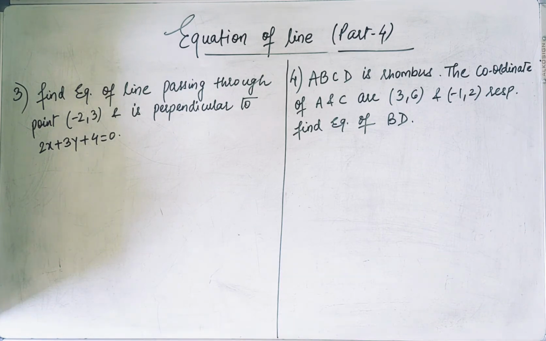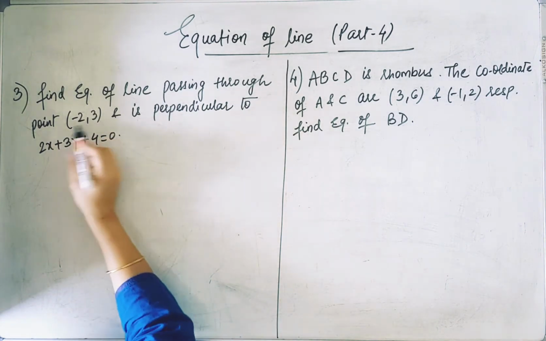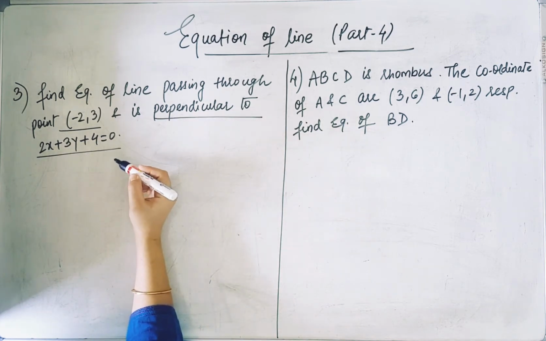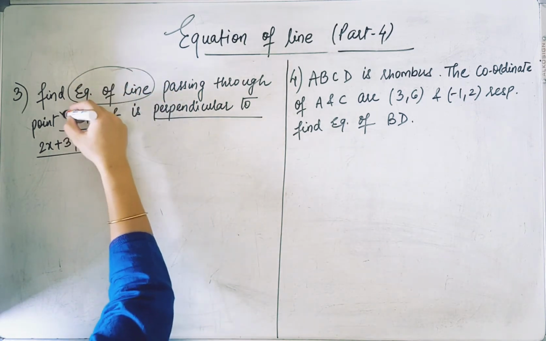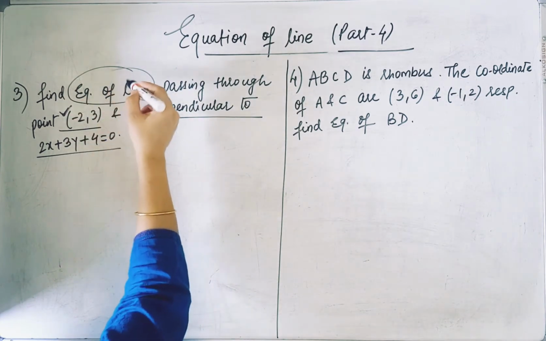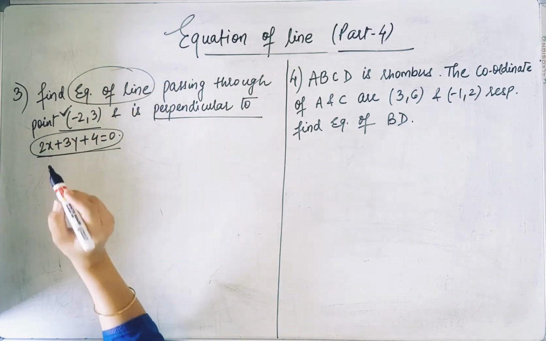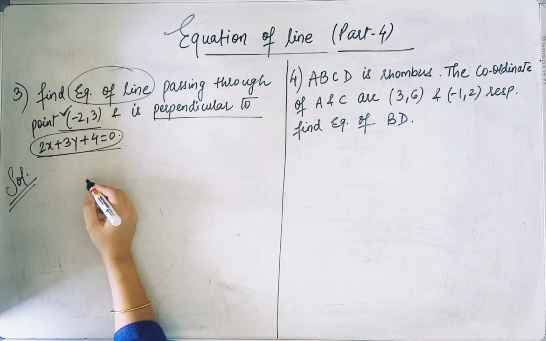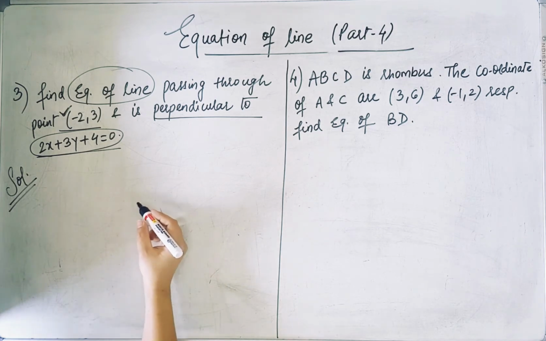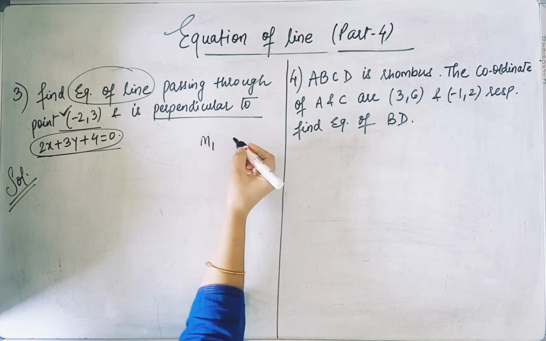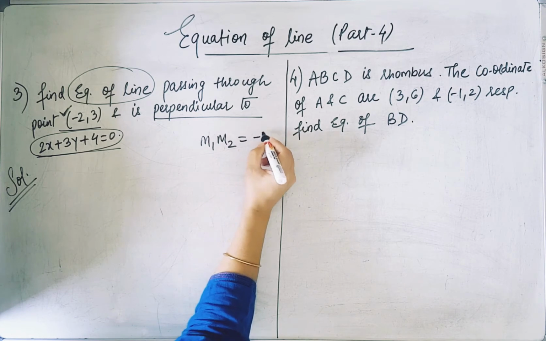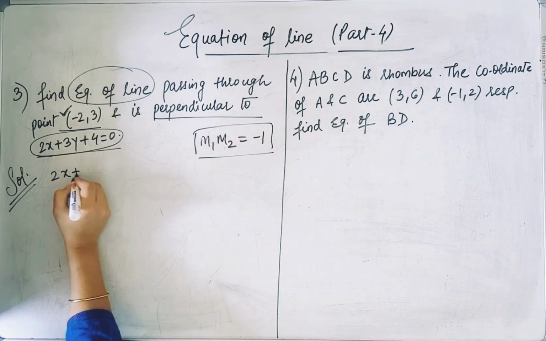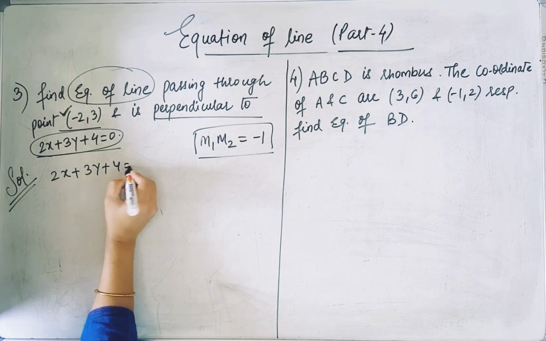Now the question is, find the equation of the line passing through the point (minus 2, 3) and perpendicular to this line. We have to find the equation of the line which is passing through this point and is perpendicular to this equation of line. The perpendicular concept we studied already in the part 2 video. If two lines are perpendicular, then m1 m2 is minus 1. So we'll reduce this equation to the form y equals mx plus c.